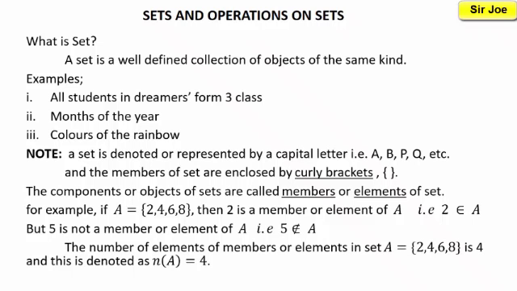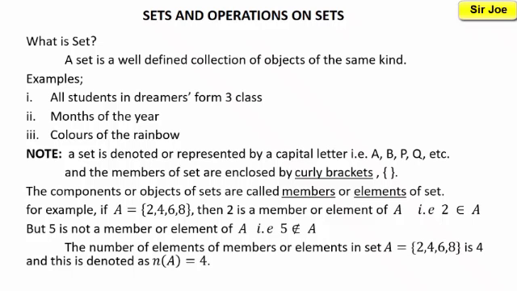The number of members or elements in the set A, {2, 4, 6, 8}, is 4, and it's denoted by n(A) = 4. This simply means that the number of elements in that set A is 4.